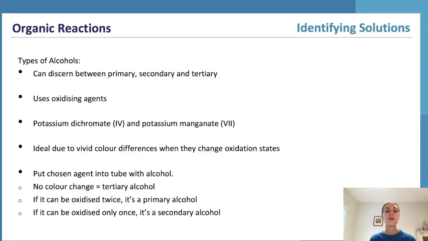You put the unknown alcohol into a tube with the potassium dichromate, and if there's no color change, we'll know it's a tertiary alcohol because tertiary alcohols can't oxidize. If it changes color twice, we'll know it's a primary alcohol because primary alcohols oxidize twice. And if it can only be oxidized once, we'll know it's a secondary alcohol.